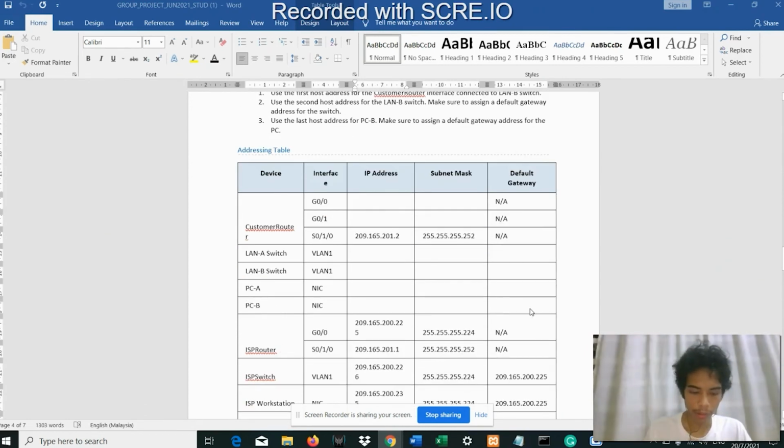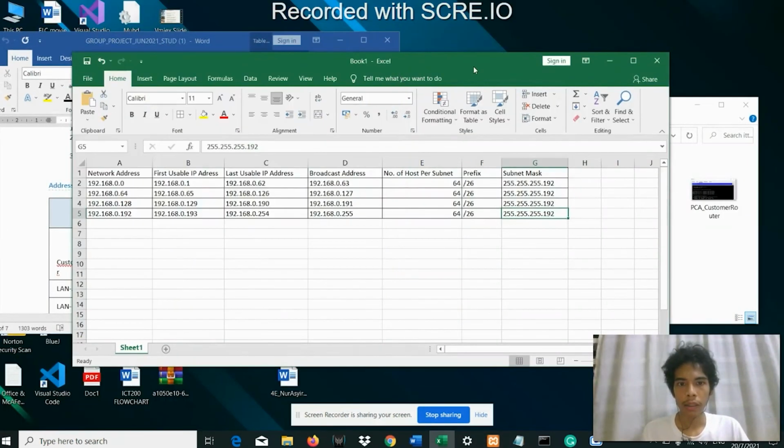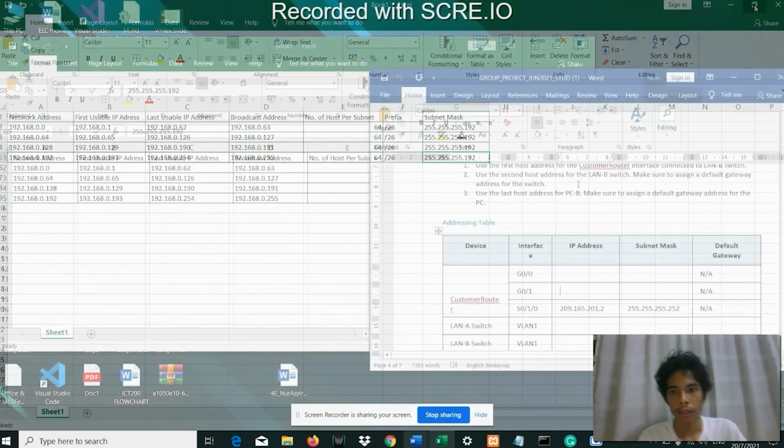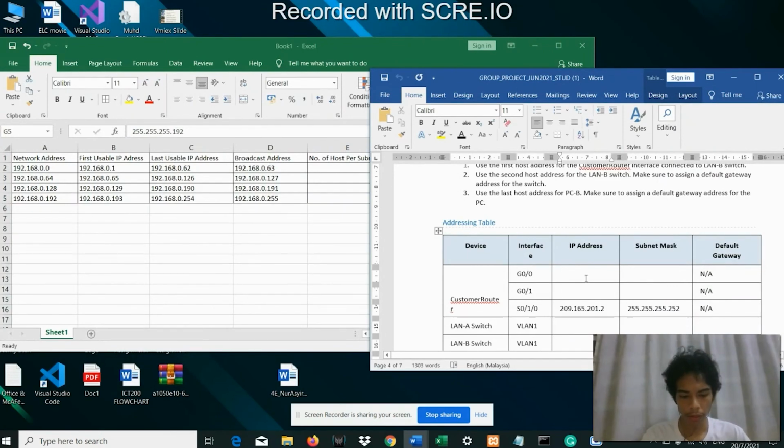Now let's look at this one. From these tables, we can gather the necessary information to feed the IP address and subnet mask. First of all, this first line is for the first interface.